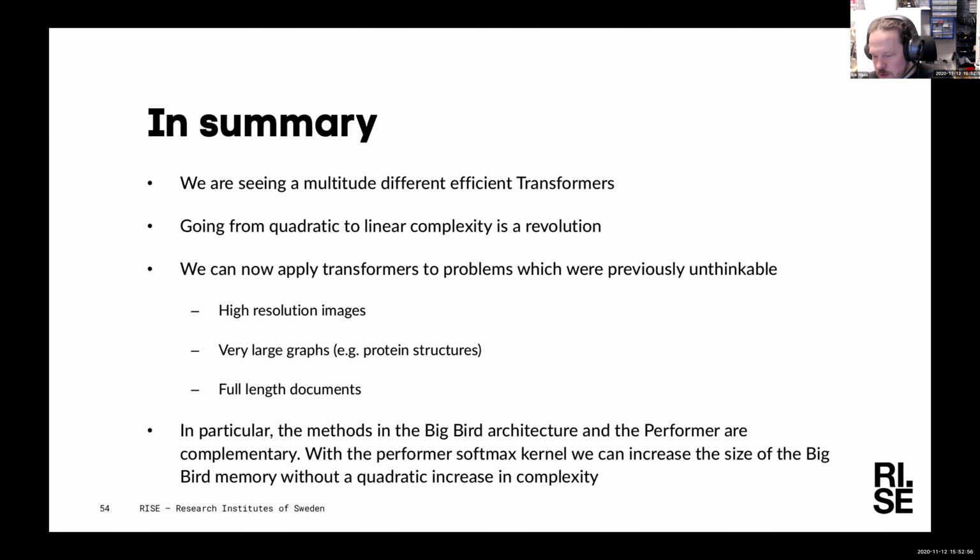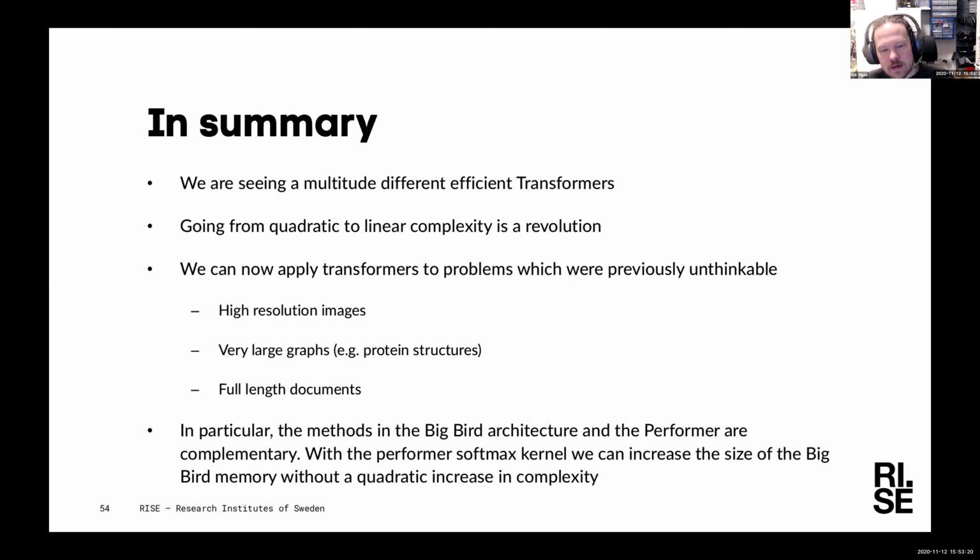But the reason for focusing on Big Bird and Performer is that these memory issues we have with Big Bird, or rather these fixed memory slots we add, and the issue that we might need to add a lot of them, by complementing that with a Performer, I think there's a really interesting space of performance there.